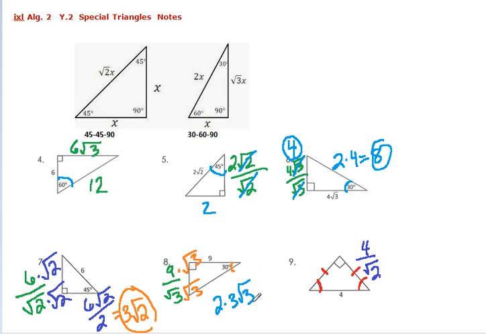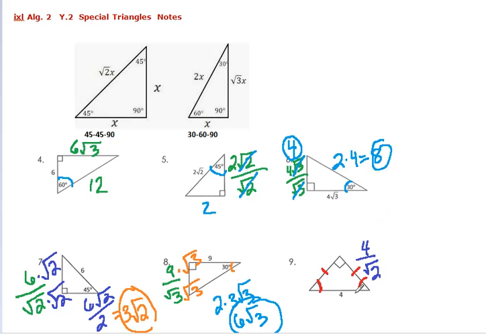Is that correct? Yes. Which equals 6 times the square root of 3. And again, if I've made an error, if you catch it, you will get some extra credit. But I'm not trying to do that.